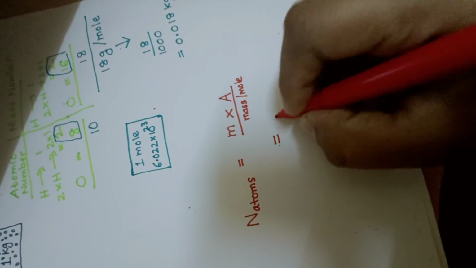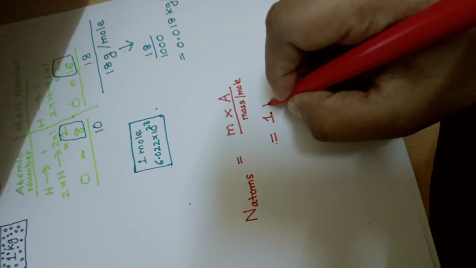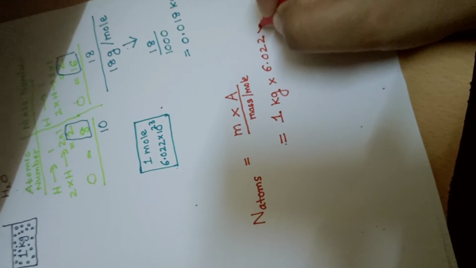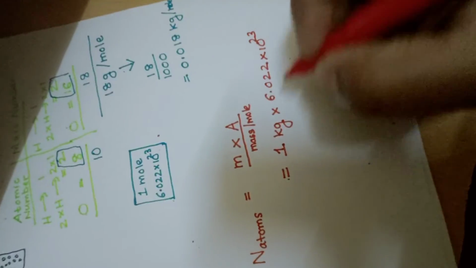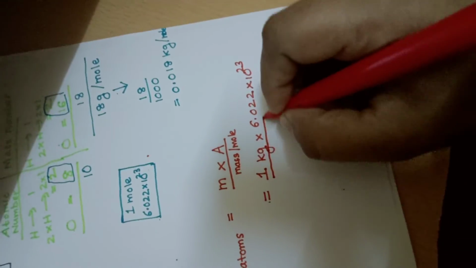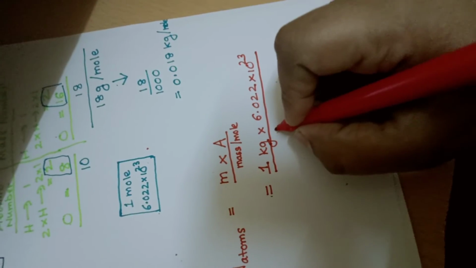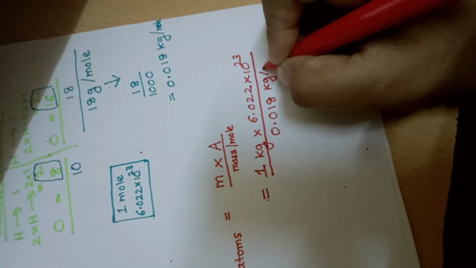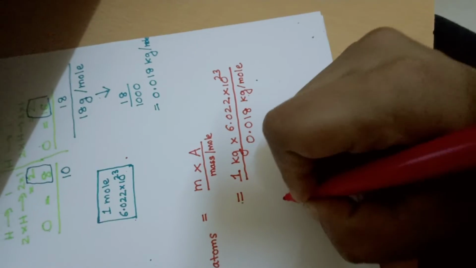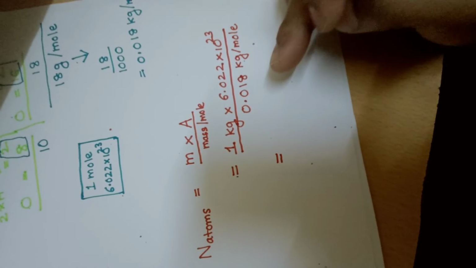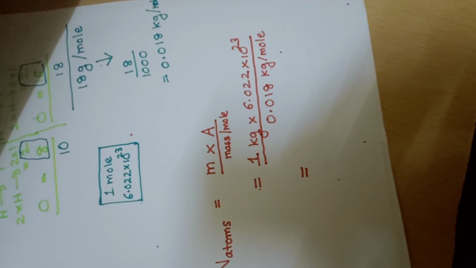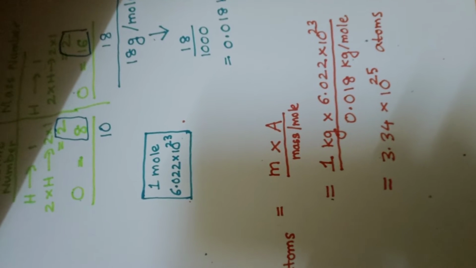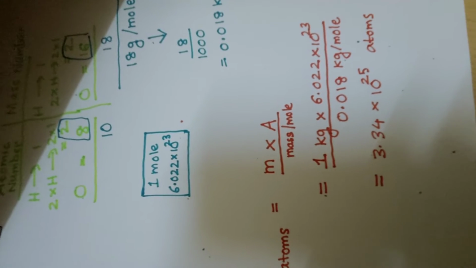So in the question it is given 1 kilogram times Avogadro number, 6.022 times 10 to the power 23, over, what is the mass per mole? 0.018 kilogram per mole. When you do this, you will get the answer as 3.34 times 10 to the power 25 atoms.